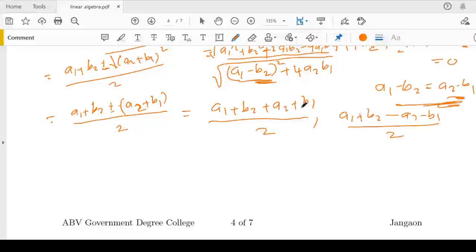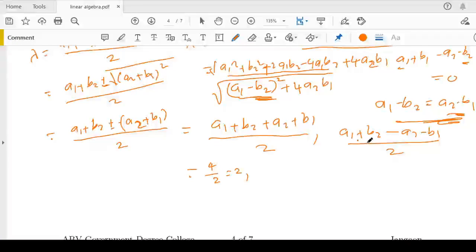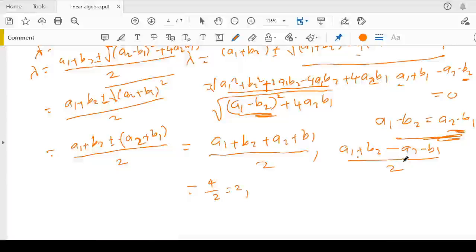Therefore this total value is equal to 4 by 2, equal to 2, and another one is a1 minus b2. But we know that a1 plus b2 minus a2 minus b1, a1 minus b2, a2 minus b1.